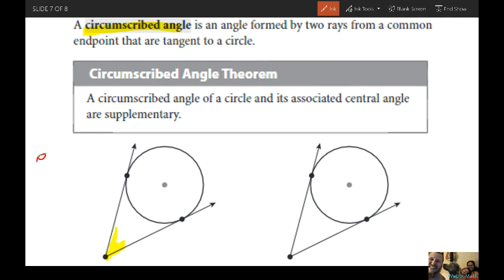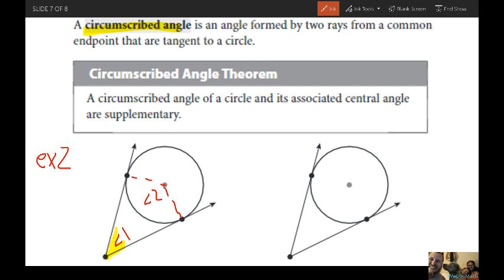So they're basically saying this. In example 2, let's say we got these other lines created. They're just saying that this angle, angle 1, and this angle right here, angle 2, are supplementary.